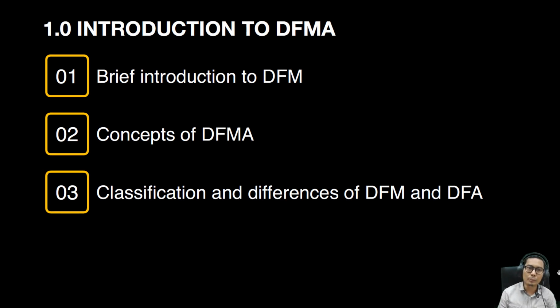First, we will look at a brief introduction to DFM, what we call design for manufacturing, and then the concepts of DFMA, and then we will continue on the classification and differences of DFM and DFA. DFM stands for Design for Manufacturing, and DFA stands for Design for Assembly. So basically, DFMA is a combination of DFM and also DFA.